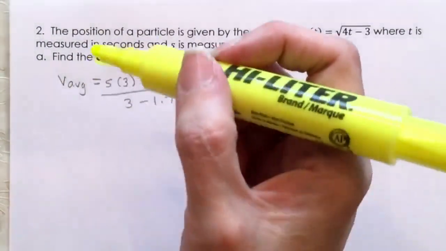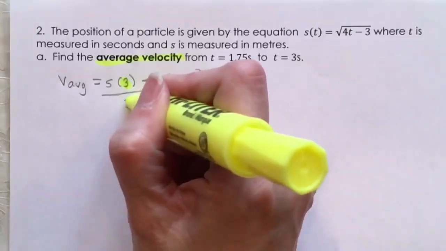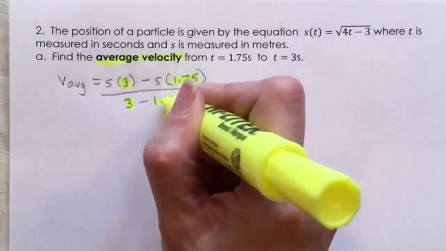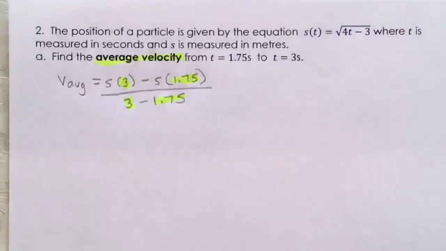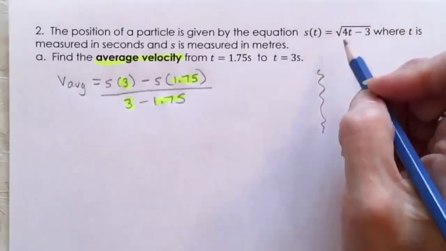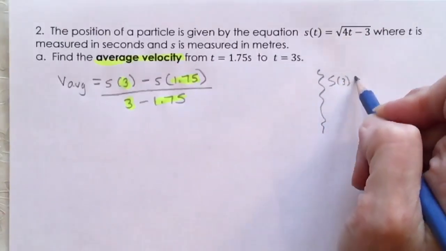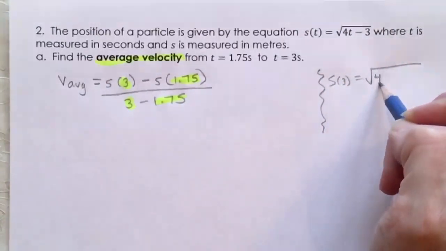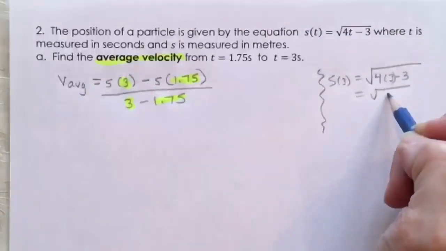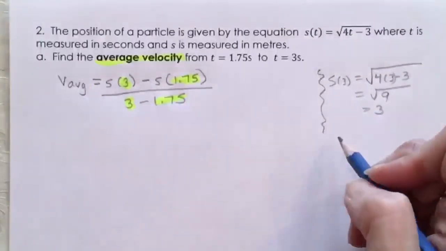And then notice this correspondence here. So if you have 3 here, you have to have 3 there. 1.75, you have to have 1.75 here. Okay, so then we just have to find those numbers. So s at 3 is the square root of 4 times 3 minus 3, or the square root of 9, which is 3.